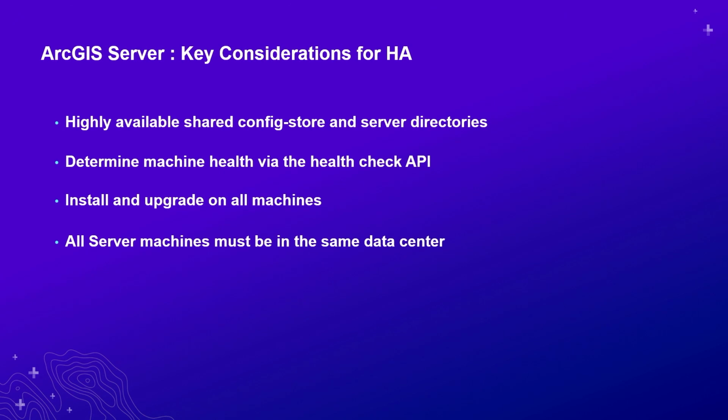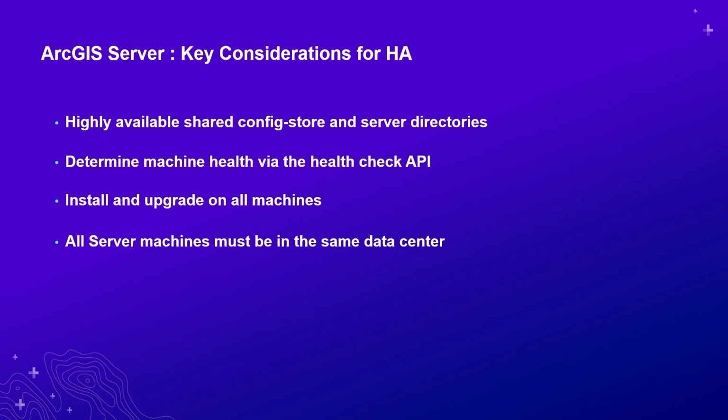Some takeaway points for ArcGIS Server. First, make sure you have a highly available shared config store and server directories path. If you're in the cloud, you can take advantage of cloud native features. Use the health check API within the REST info page to determine the health of the machine in order for the load balancer to know whether it can send traffic to that machine or not.